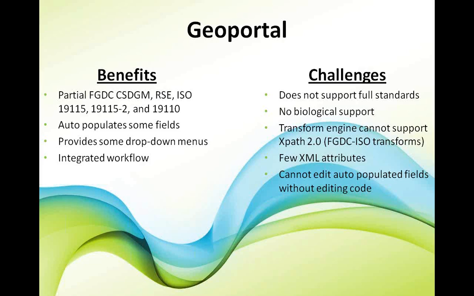It will auto-populate some fields from the information that is within the Geoportal, and it also provides some drop-down menus that are helpful for entering that information. And it has an integrated workflow within the Geoportal system so that you can enter the information to create metadata records that would then be searchable within that Geoportal system.